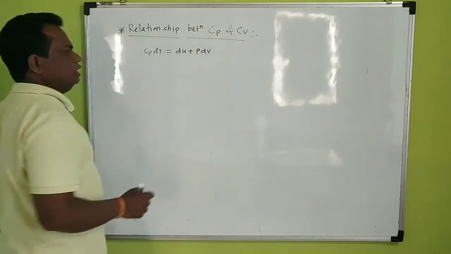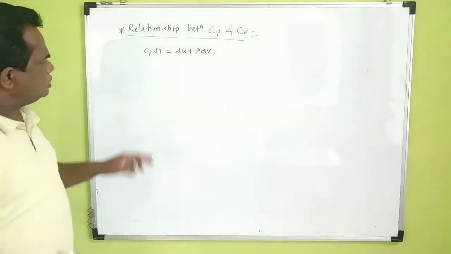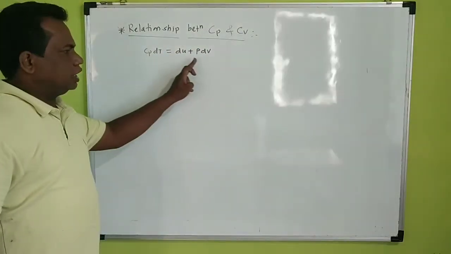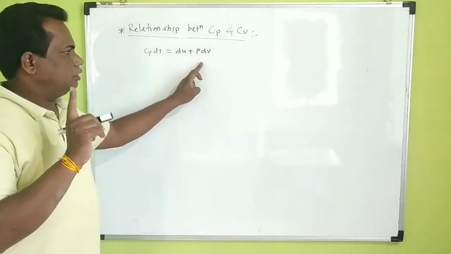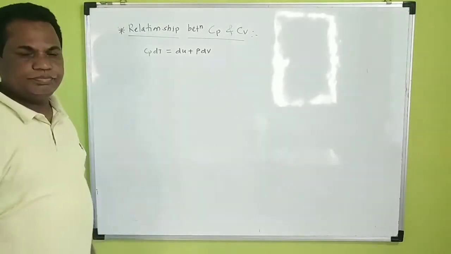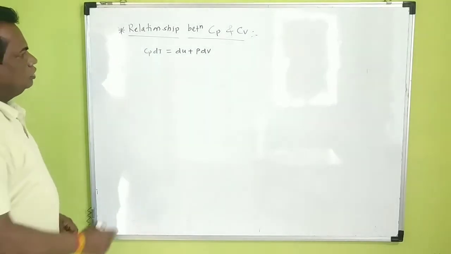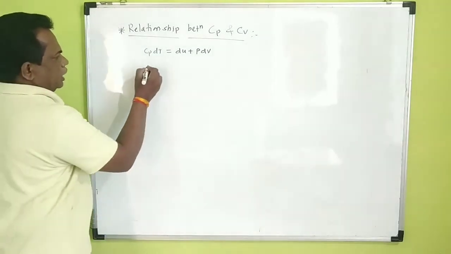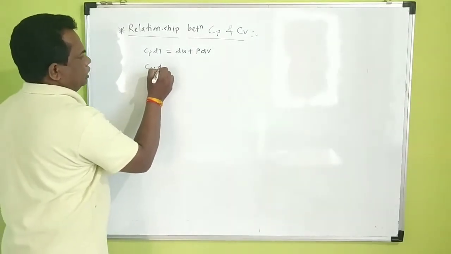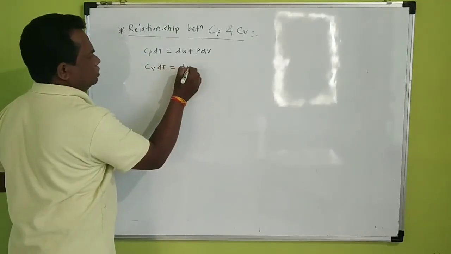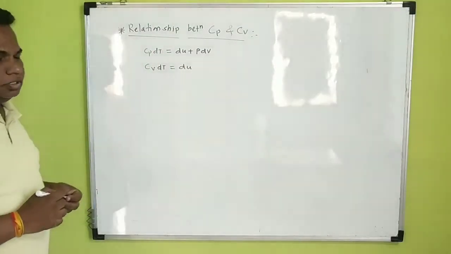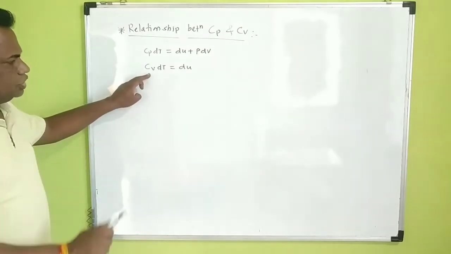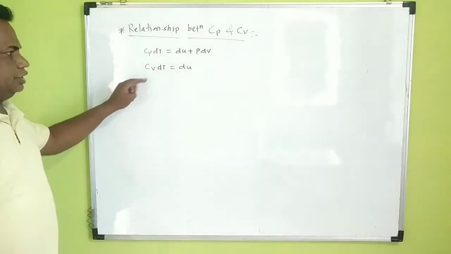We have already obtained this relation. So that is the heat energy equation for first law for isobaric change. Now for the second, that is Cv dT, that is equal to dU. This is the heat energy equation for isochoric change.